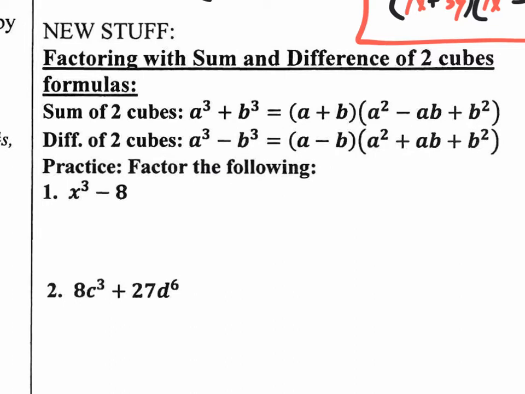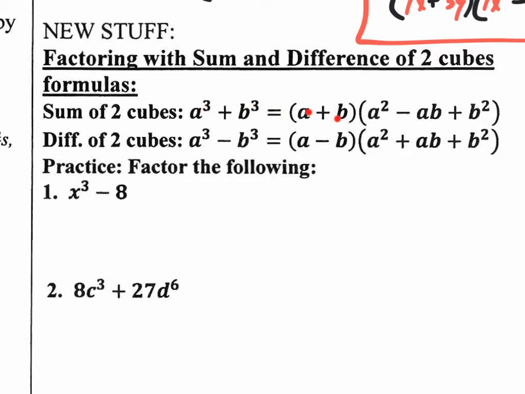So this formula, the sum or difference of 2 cubes, it's easy to remember. Why is that? Well, sum, what does sum mean? Addition. 2 cubes, you know what 2 cubed terms are. So if you have something cubed plus something cubed, then your formula will be a binomial times a trinomial. Now, this first binomial will be exactly this without the cubes.